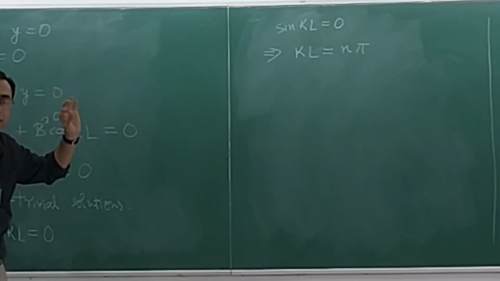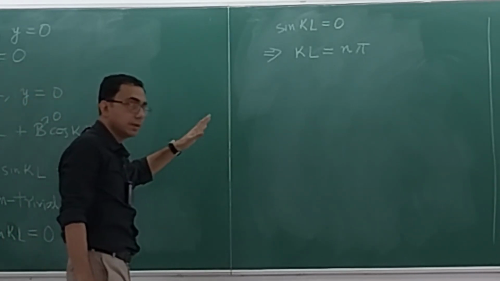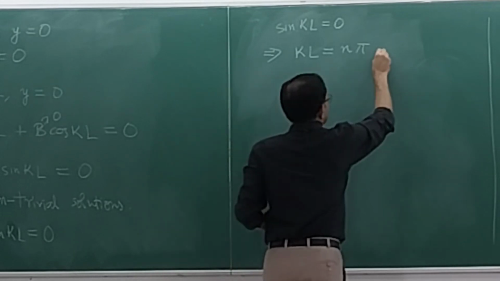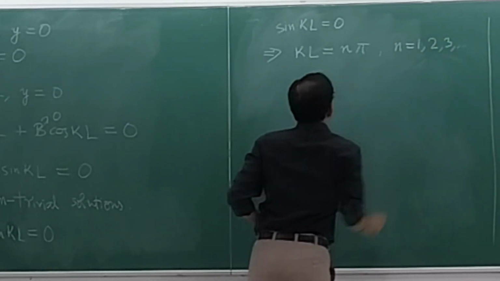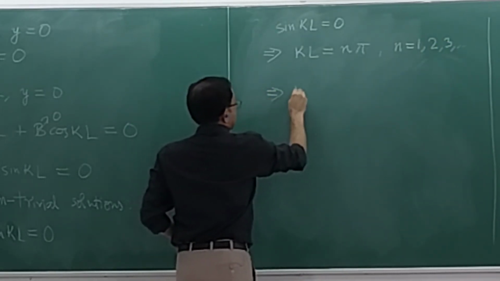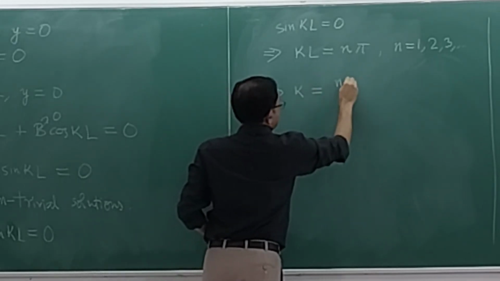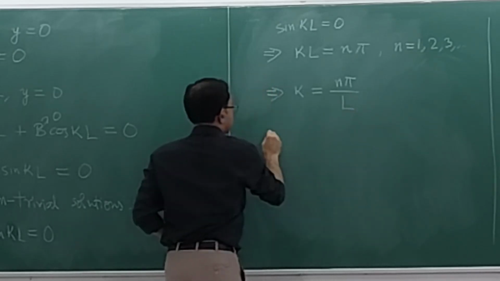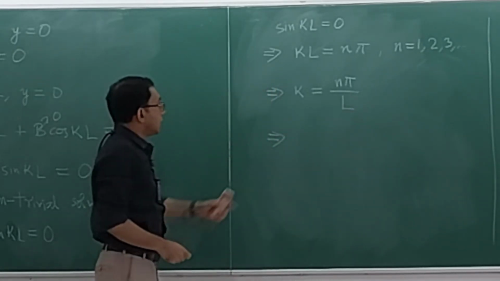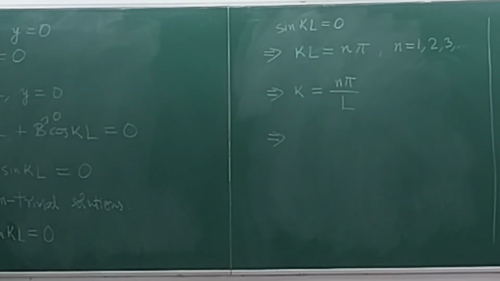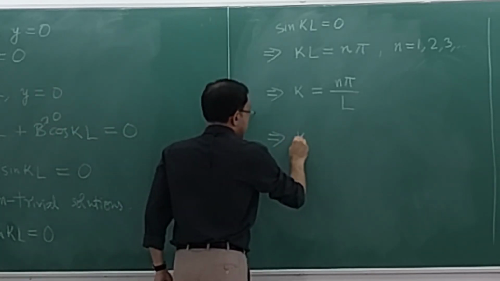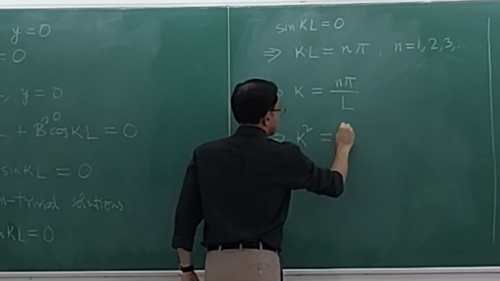We are not going to put n is equal to 0. That is acceptable, but that is also a trivial thing. So n is equal to 1, 2, 3, all these things. Now, what does this k contain? Remember what k was? k was equal to square root of P by EI. So what I'll do is, I'll write this as k square.